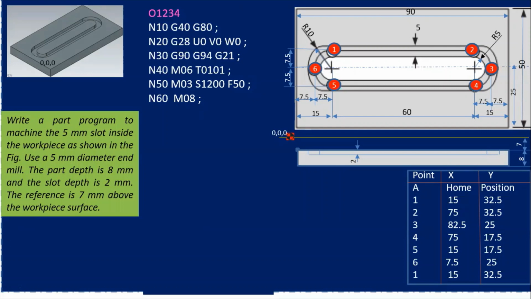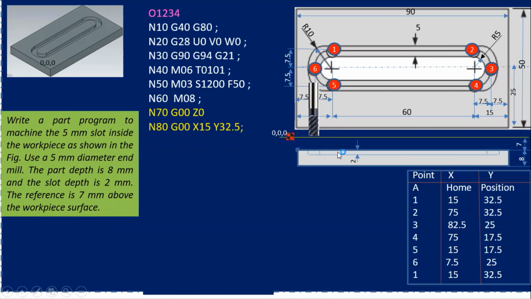Second part, we have to generate the profile. Generating the profile means I want a slot here. So my next important part is starting now. Now G70, G00, Z0. It means that the tool is rapidly moved to Z0, this position. We are considering this as a reference.